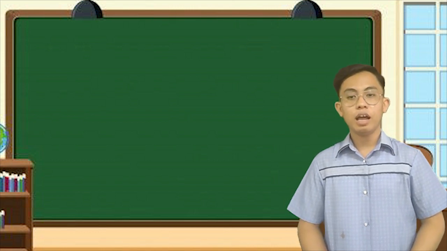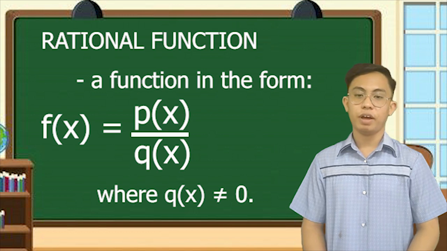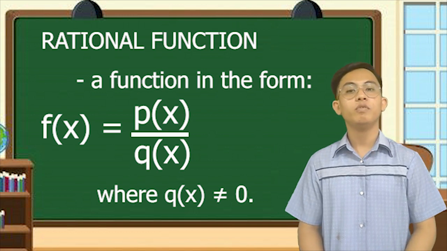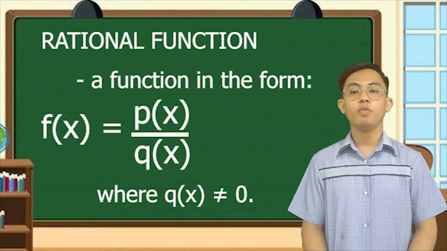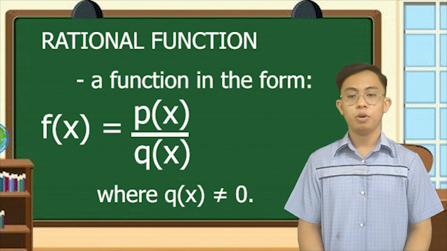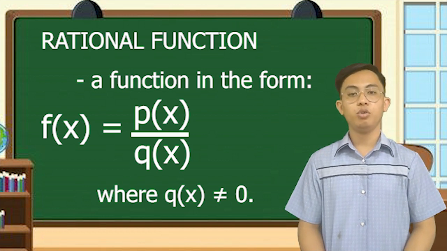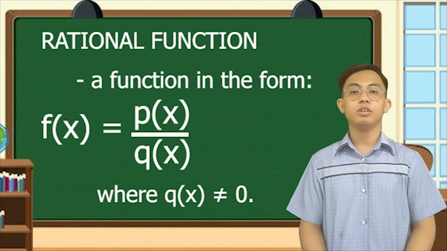In general, a rational function is defined as the function of the form f of x equals P of x over Q of x, where P of x and Q of x are polynomial functions and Q of x is not a zero polynomial.